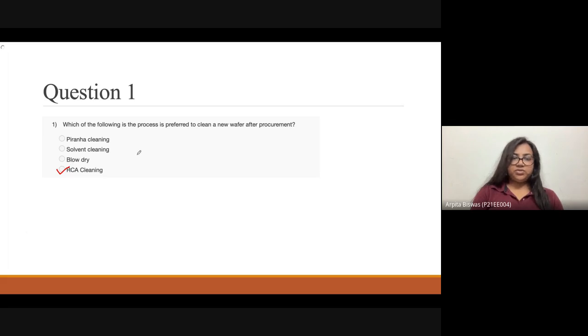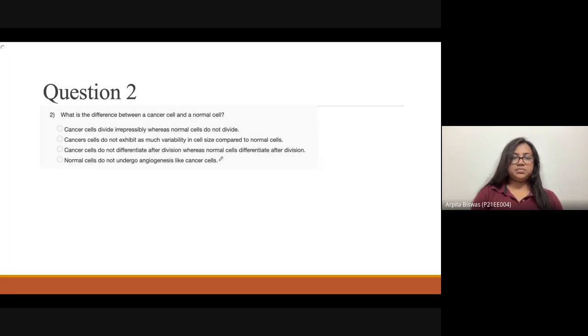So next we are moving towards question number 2. What is the difference between a cancer cell and a normal cell? First option is cancer cells divide impressibly, whereas normal cells do not divide. The second option is cancer cells do not exhibit as much variability in cell size compared to normal cells.